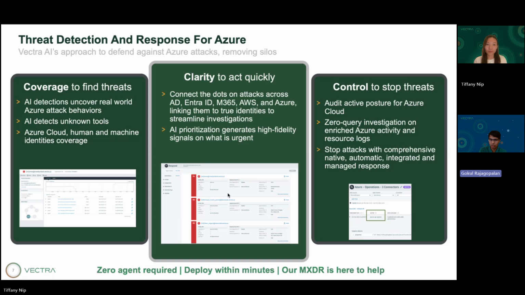The second, when it comes to clarity, we have coverage across all these six different Microsoft assets or threat surfaces. The behaviors that coverage surfaced, we attribute them to an entity, a principal, and we pull in behaviors from all these five or six different threat surfaces wherever you're deployed, to craft a single narrative for the SOC analyst.